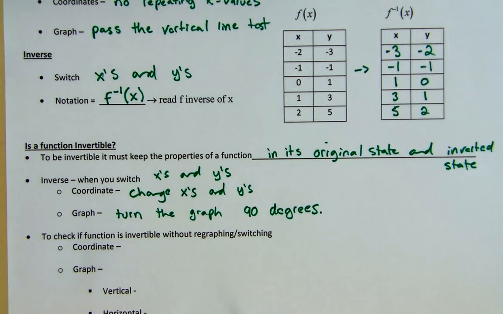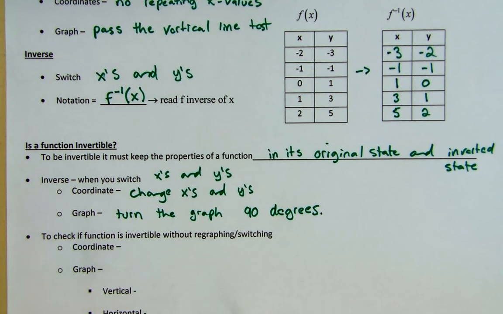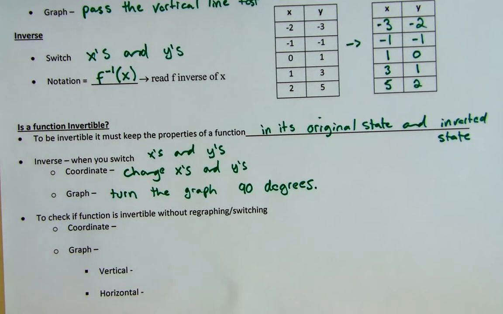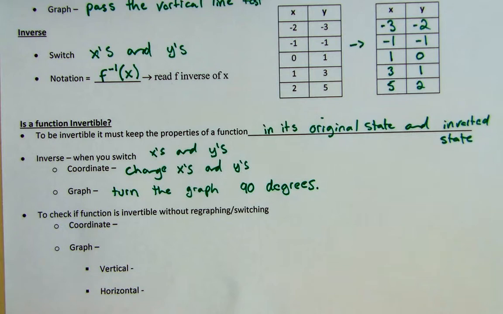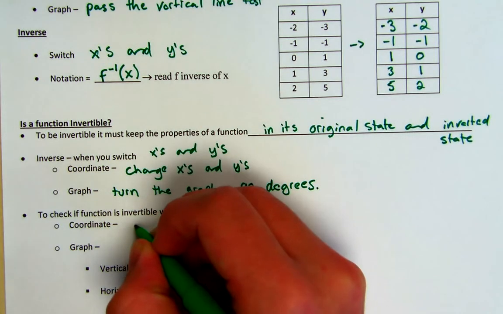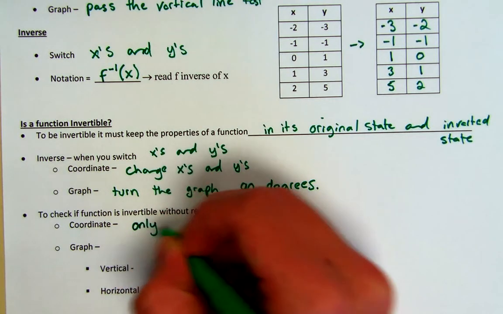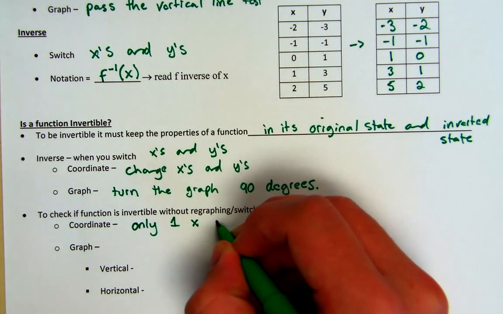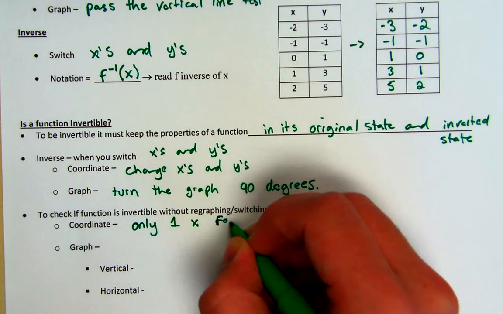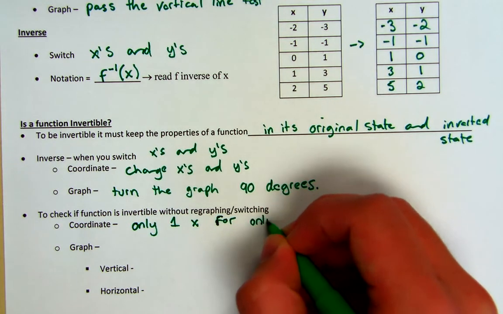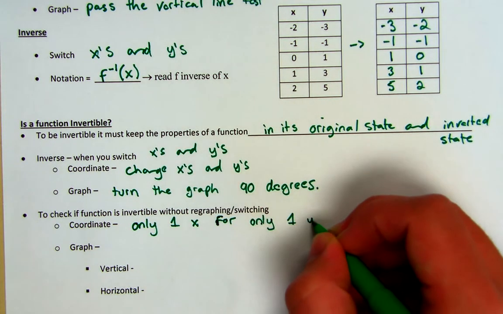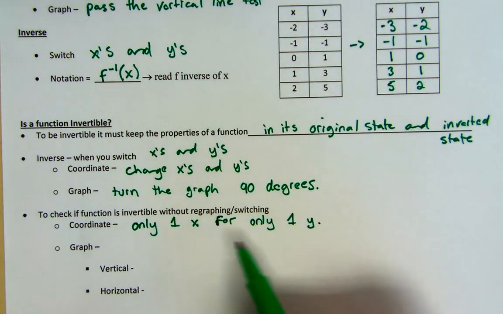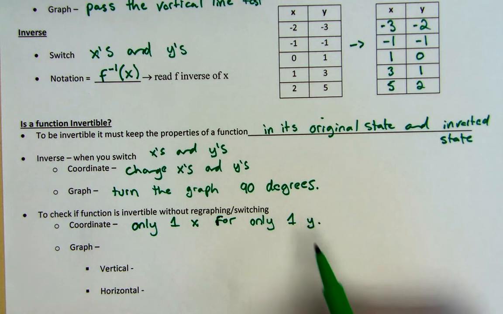So to check if a function is invertible without graphing or switching it, with coordinates, we are looking for only one x with only one y. So we shouldn't have repeating x's, and we shouldn't have repeating y's.